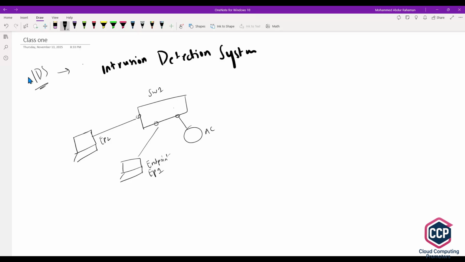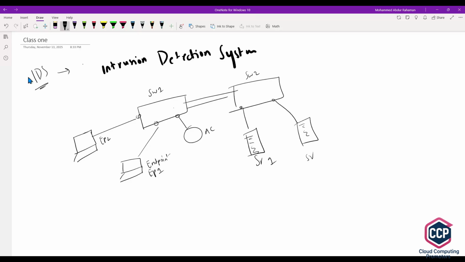We'll be taking a general, basic level example. This is connected to another switch, switch 2. Here would be a server, SR1, and here another server, SR2.